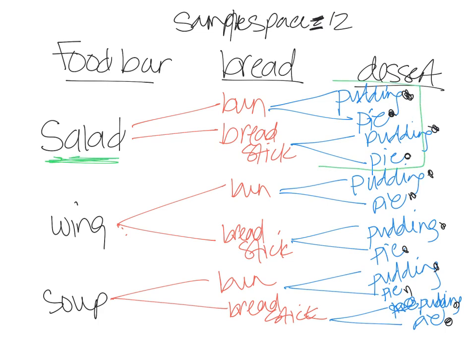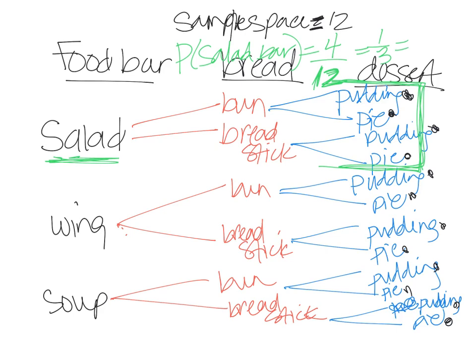That means all of these include the salad bar. They either include a bun or a breadstick, but they all include the salad bar. So that means I have 4 options. So the probability of getting salad bar equals 4 out of 12, because there's 4 choices with the salad bar and there's 12 total options, which is 1/3, which we know then is 0.3333 or 0.3 repeating, which we make as 33%.